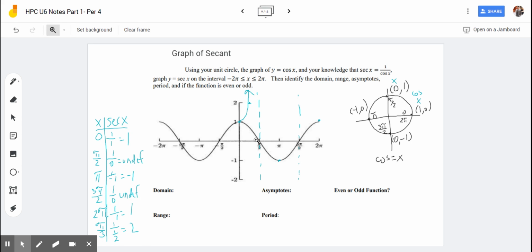So pi over 3 is a little bit more than 1. So it should be closer to about here, and that makes sense. Okay, and then I'm just gonna redraw this a little bit here. So it's about 2/3 of the way there, and we're gonna be at 2 instead of at a half. Okay, and we'll graph that there.